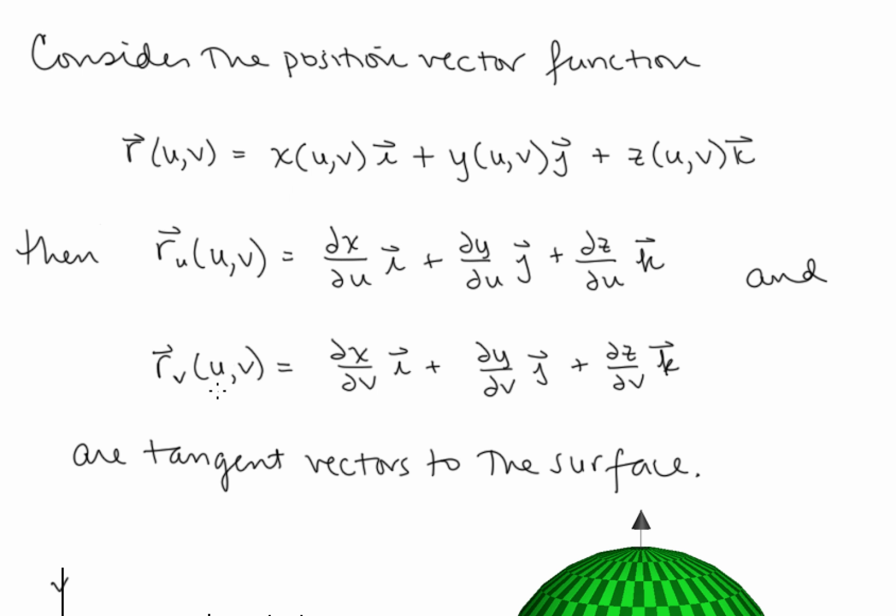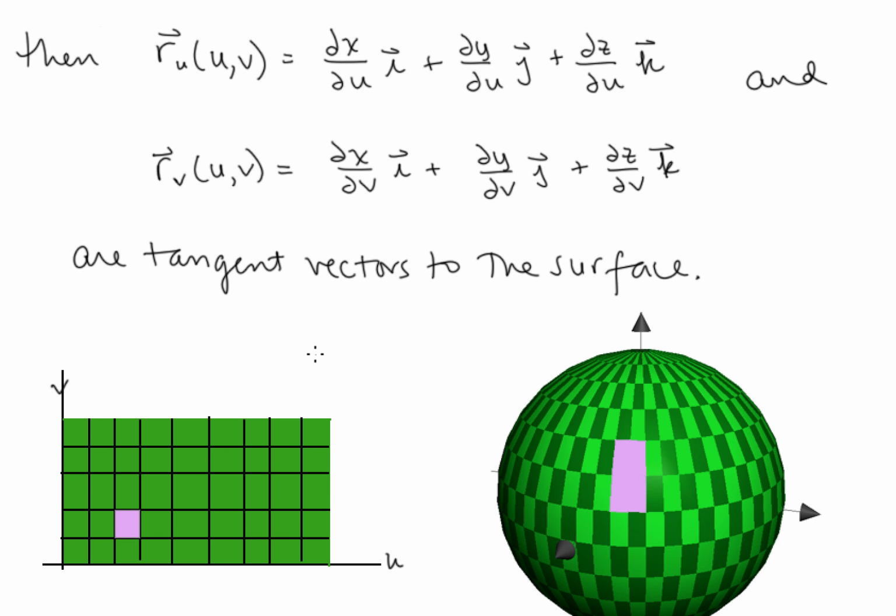So we've got u constant, and we're taking the derivatives with respect to v, getting again a tangent vector to the curve in three-dimensional space. So both of these vectors here are tangent vectors to the surface. And we saw this back in Lesson 15 when we talked about tangent planes to parametric surfaces.